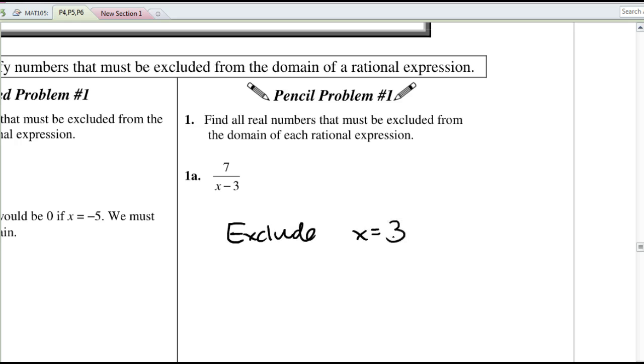They specify it in terms of exclude from the domain. If you would write the domain, you might write something like domain x not equal to 3. That's another way of showing that it's excluded. But notice 3 is going to be the only thing that's in the bottom. If you want to show a little more work, what you can do is circle your denominator, set it equal to 0, and solve.